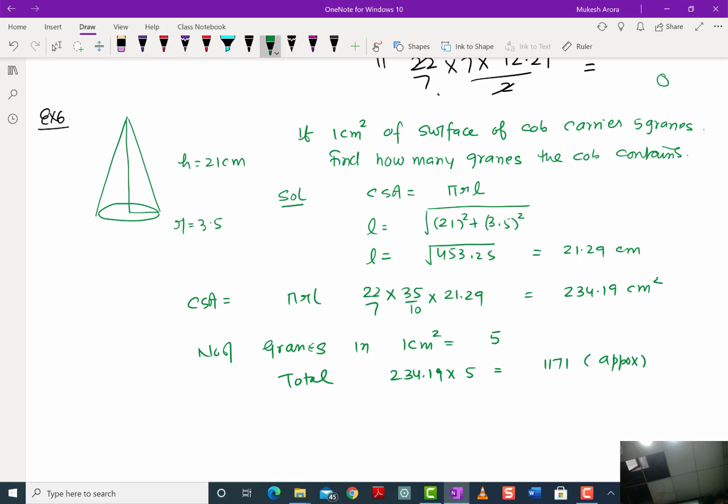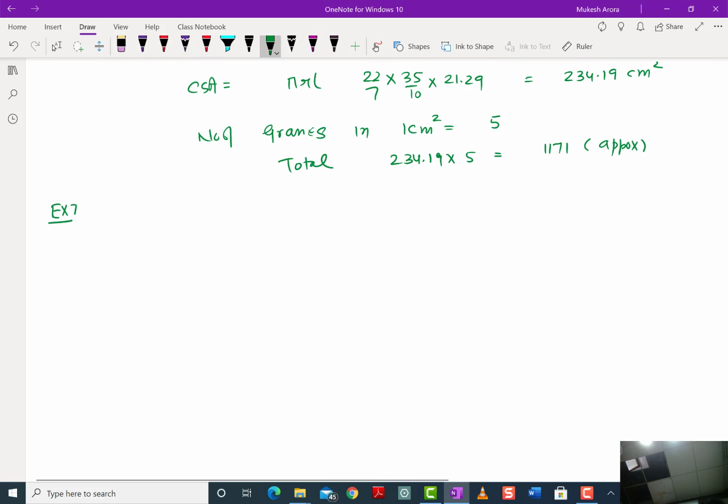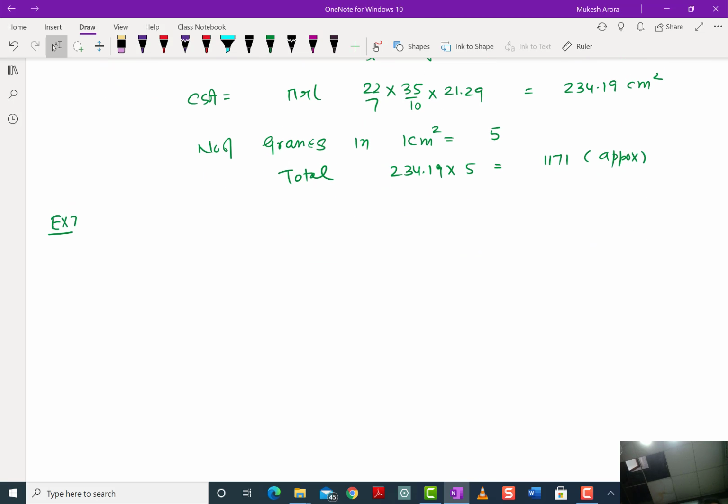Next question. Next question is, when we have a combination of figures. The circus tent is cylindrical up to the height 3 and conical above it.